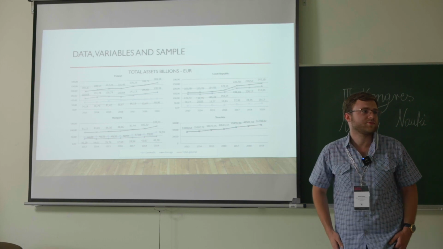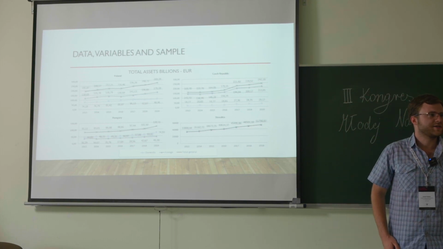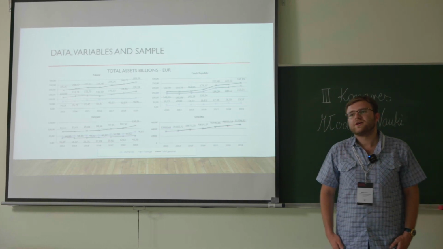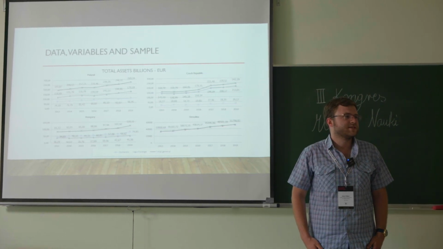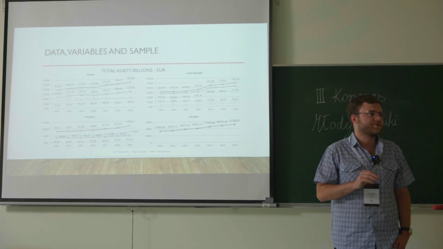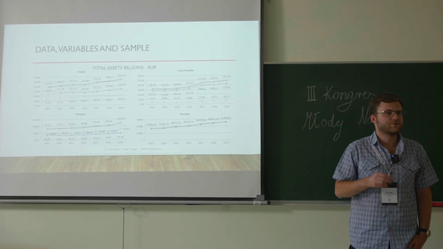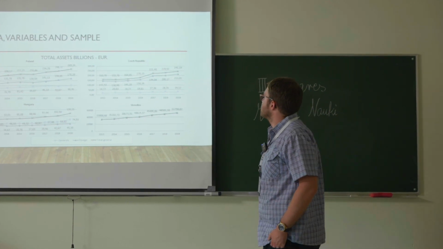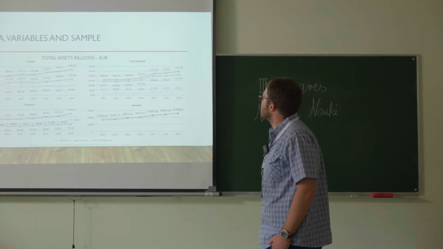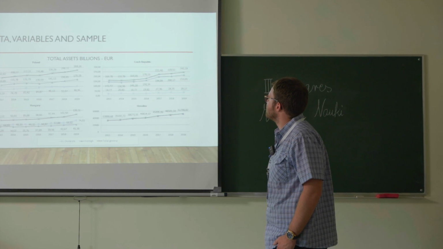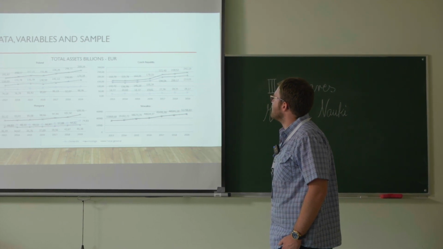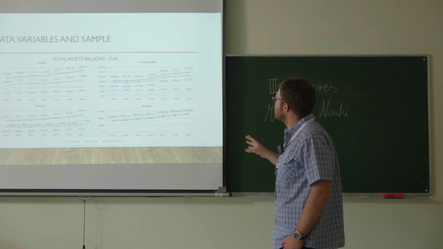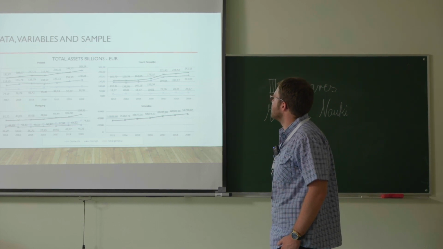Why? Because of the policy of Hungarian policymakers, the Hungarian government, to reduce the foreign participation and to support domestic commercial banks. So in the Czech Republic, 83% of the whole banking system is participated by the foreign banks.